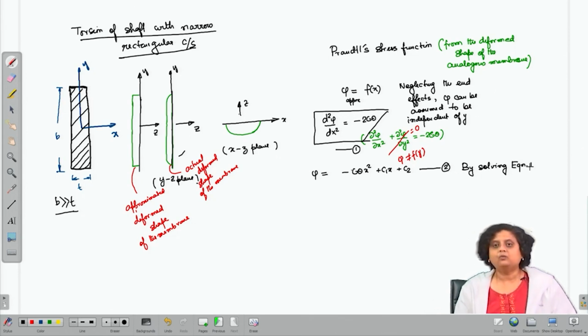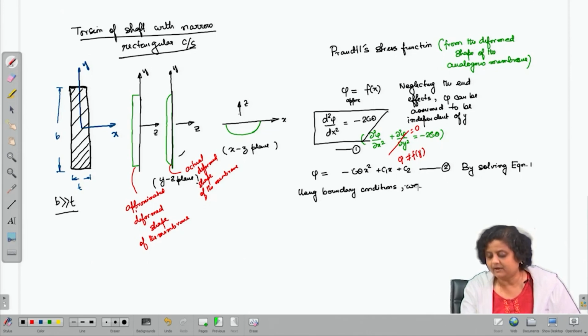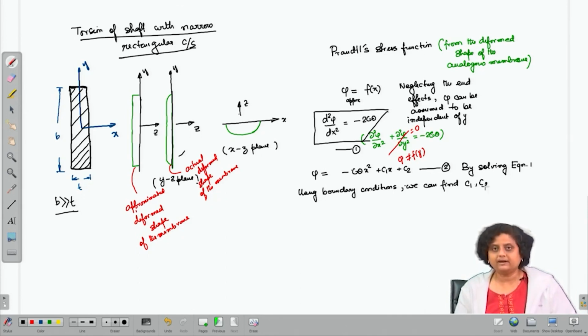Now we have two constants, C1 and C2, and we have to find their values. Using boundary conditions, we can find C1 and C2. So, what are the boundary conditions?